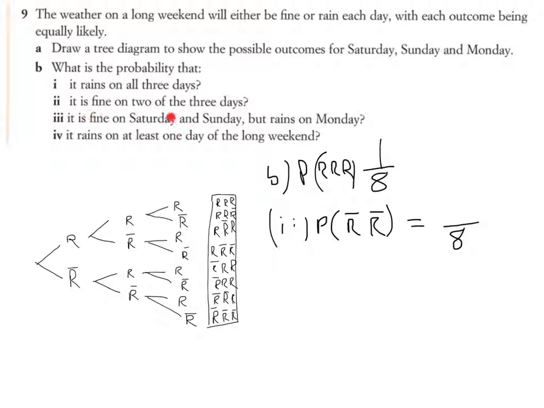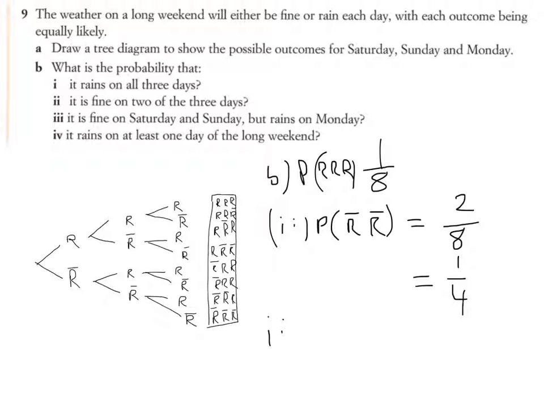So it is fine on 2 of the 3 days, which in other words means it's going to be raining on 1. So we've got 2 rainy days there. I'm not going to count the last one because I'm going to count that as having 3 fine days, not 2. So there's 1, 2, and so that's a total of 2 out of 8, which is simplified to 1 out of 4.